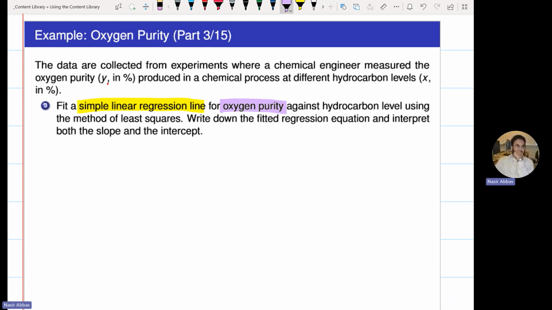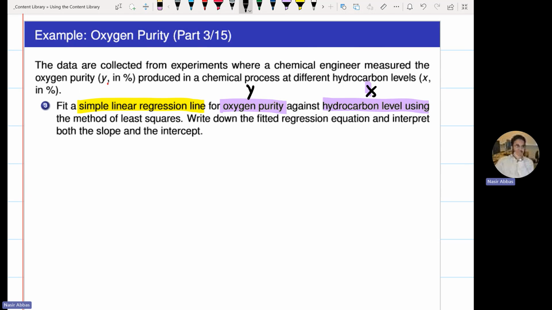So you need to really look for what is the output variable and what is the input variable. Here, what is the variable for which you are fitting the regression? Y, oxygen purity. Against what? Hydrocarbon level. This is X and this is Y.